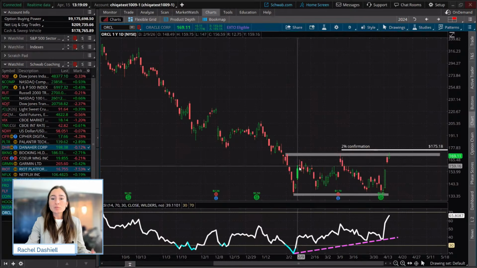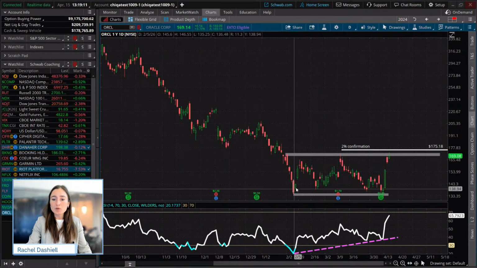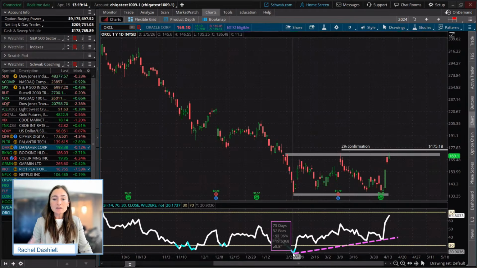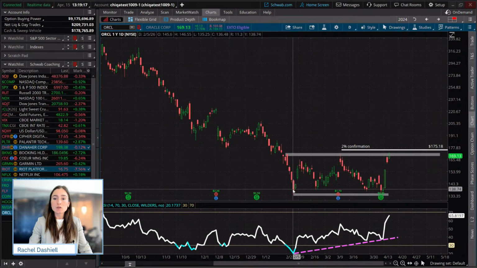So we typically, as traders, don't want to be buying the exact possible bottom, just because we may be waiting for a while and it may tie up our capital for quite some time. And we know as traders, if we are in a position, typically a trending one, we want that stock to be moving.